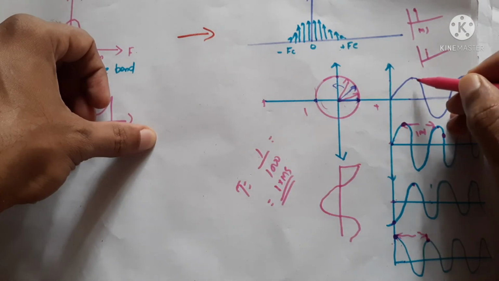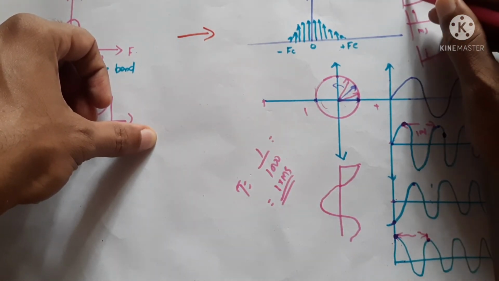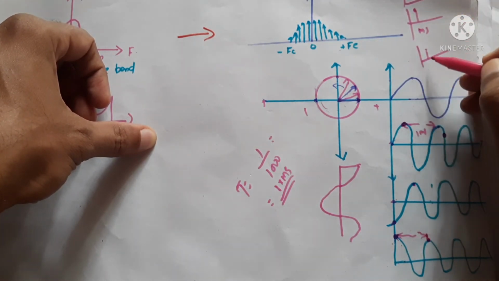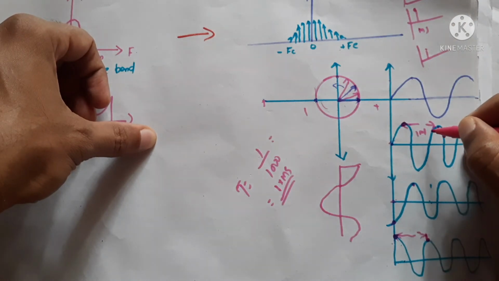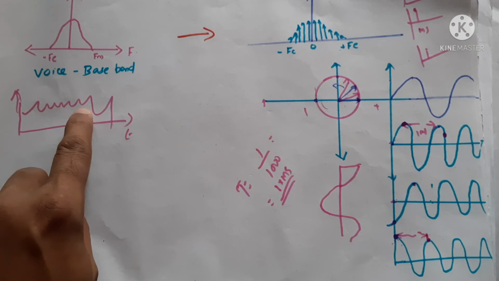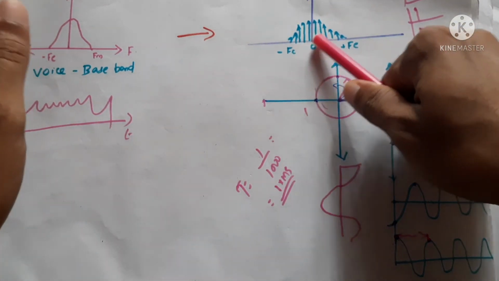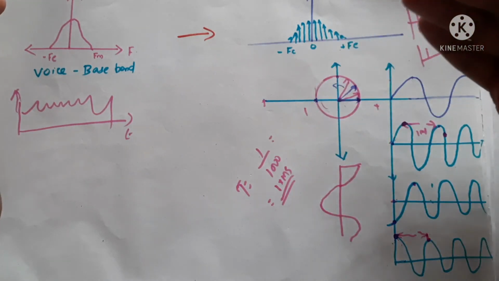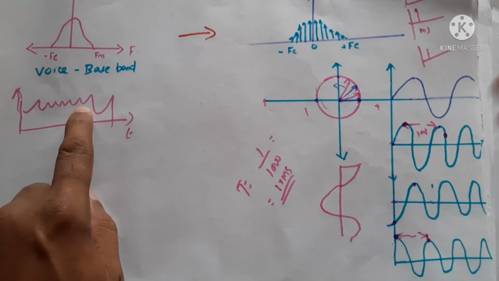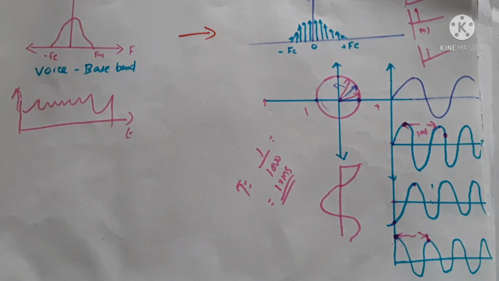If we take another, this will be very high. If we add all the signals, we get the value after 1 millisecond. This is what we call the Fourier transform. Fourier transform means finding the frequency components contained in the voice or any other message signal.